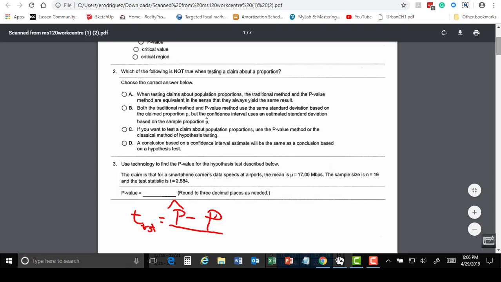Divided by the square root of pq over n, where q is equal to 1 minus what we theorize p to be. Okay. So this is our test statistic. What is our p-value? Now that we have the test statistic, how do we calculate our p-value?